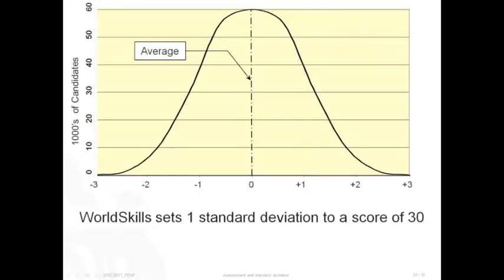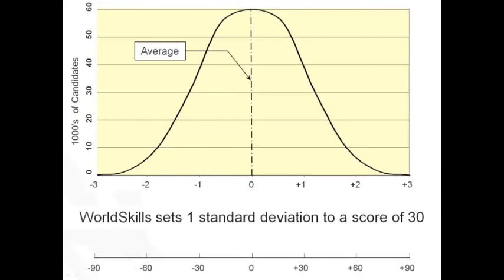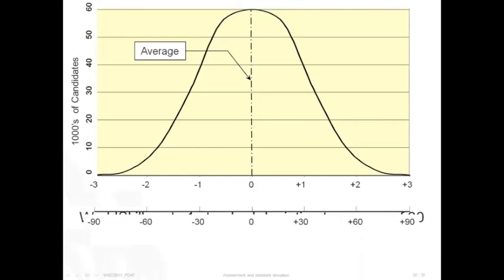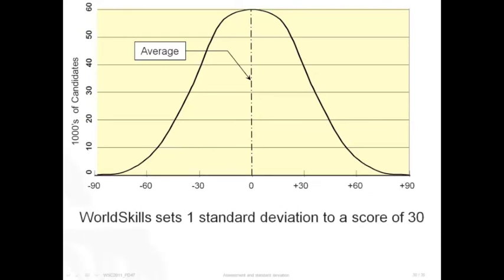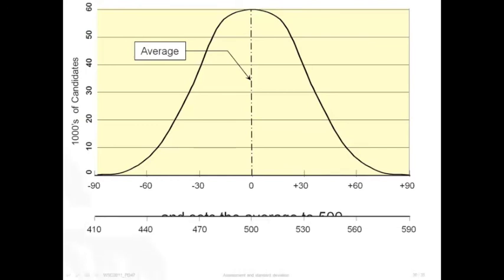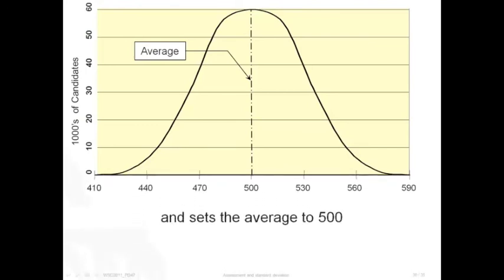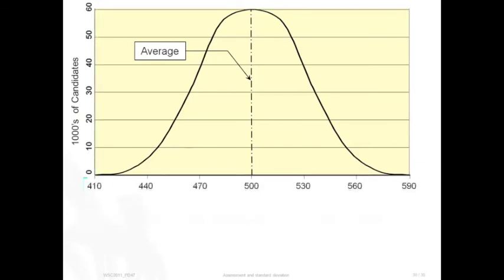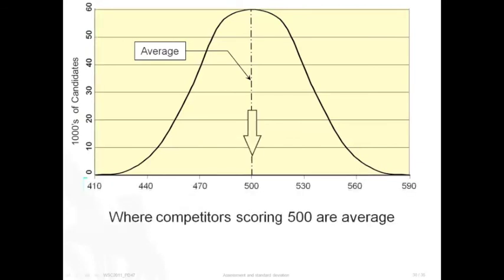World Skills sets one standard deviation to a score of 30, and sets the average to 500. Giving us the well-known 500-point scale, where competitors scoring 500 are average.